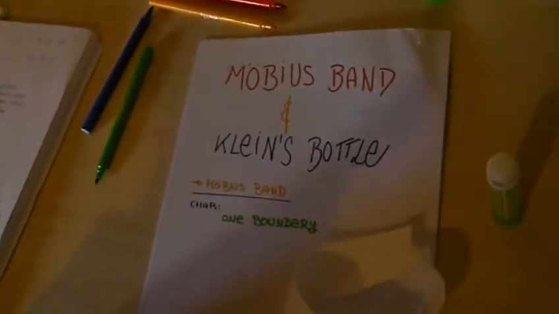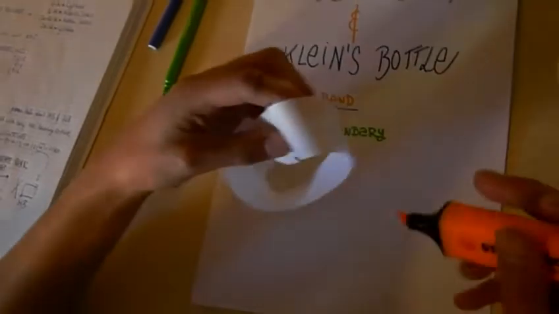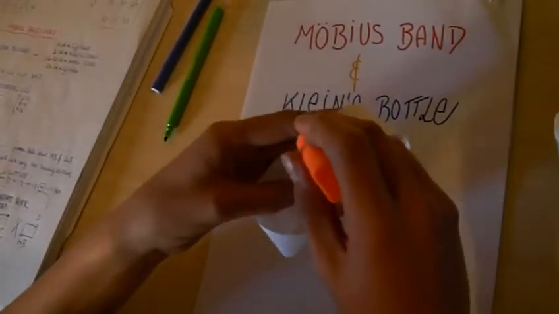How can you prove that it has only one boundary? Okay, you can try to follow a line from, let's say, here.